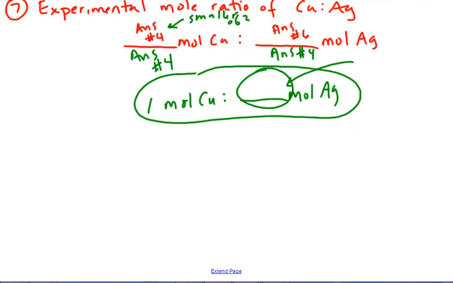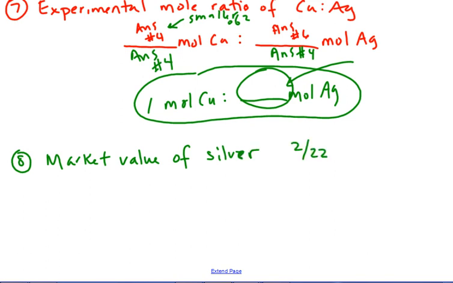Question number 8 is not really any calculator work. This is just the market value of silver. We looked it up on the web today, and the last recorded value that I had access to was from 2022.